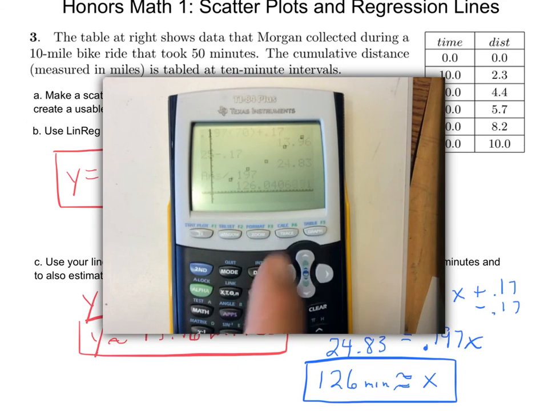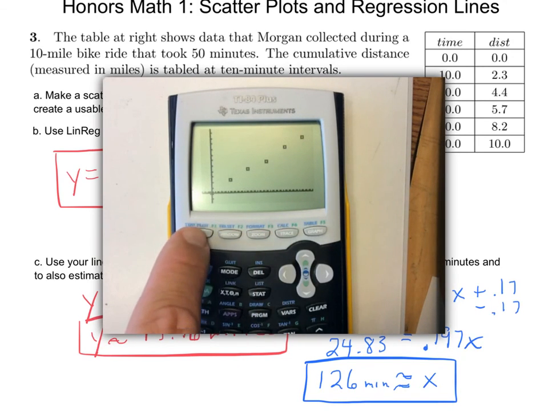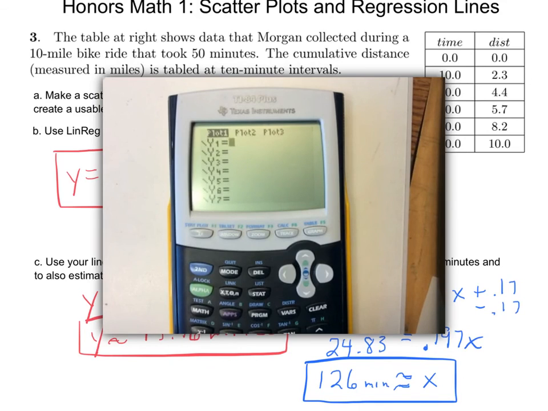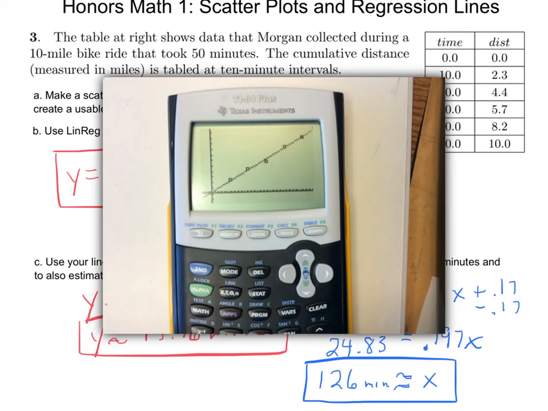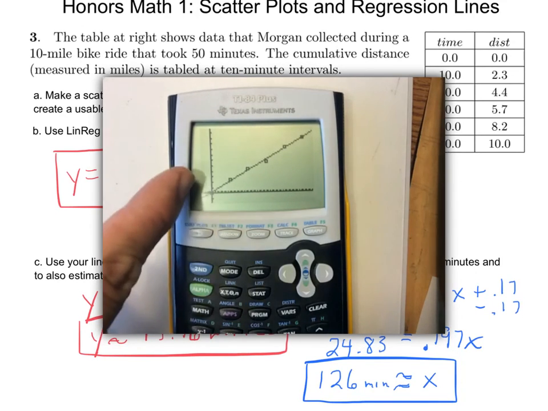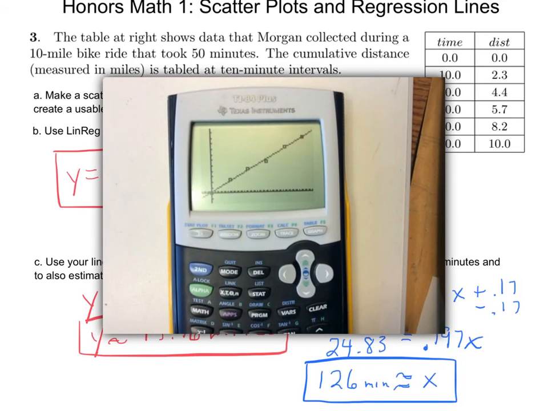So if I go to my graph, I still have my stat plot. All I'm going to do now is on y1, enter my regression line, which is 0.197x plus 0.17. Graph that, and you can see the line of best fit goes pretty well through those points. And that gives you a good idea of how close your line of best fit is. And on the test, you're going to have to show me this screen on your calculator.